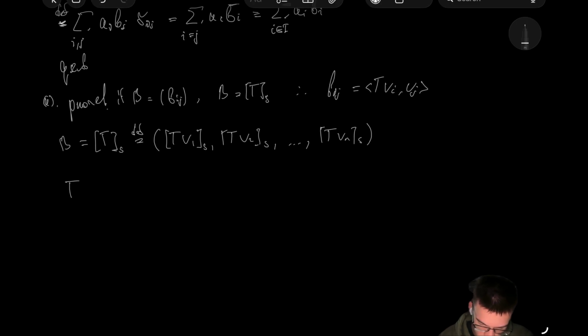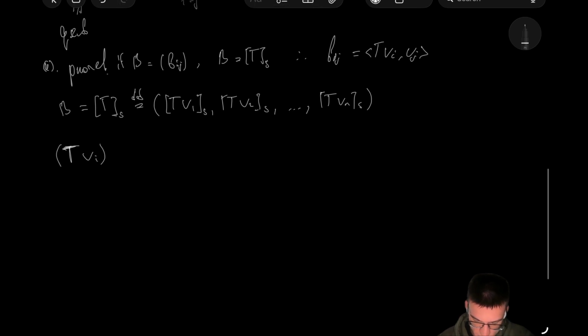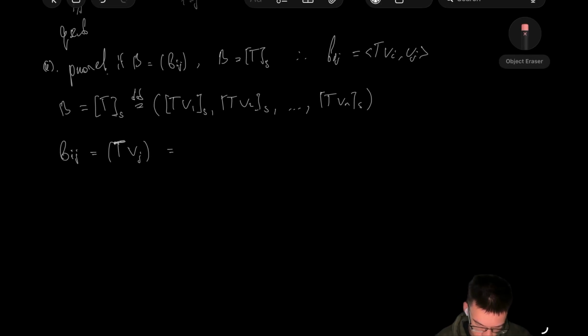So if we try to find TVi, then the element Bij in this matrix is essentially this, so j designates the column, and it's the element of this vector.